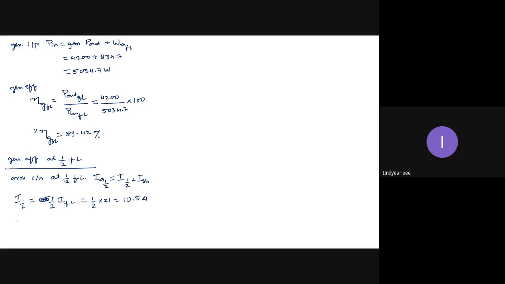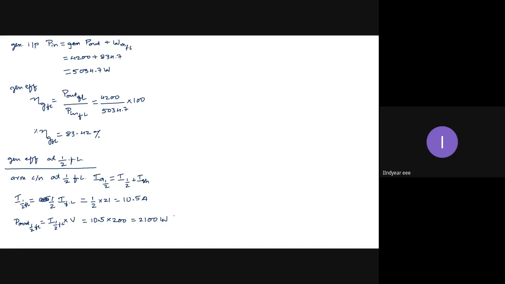Now what is P out at half the full load? It is I half into V. So it is 10.5 into 200, so this is 2100. So when I say half the full load, what does it mean? Output power is half.